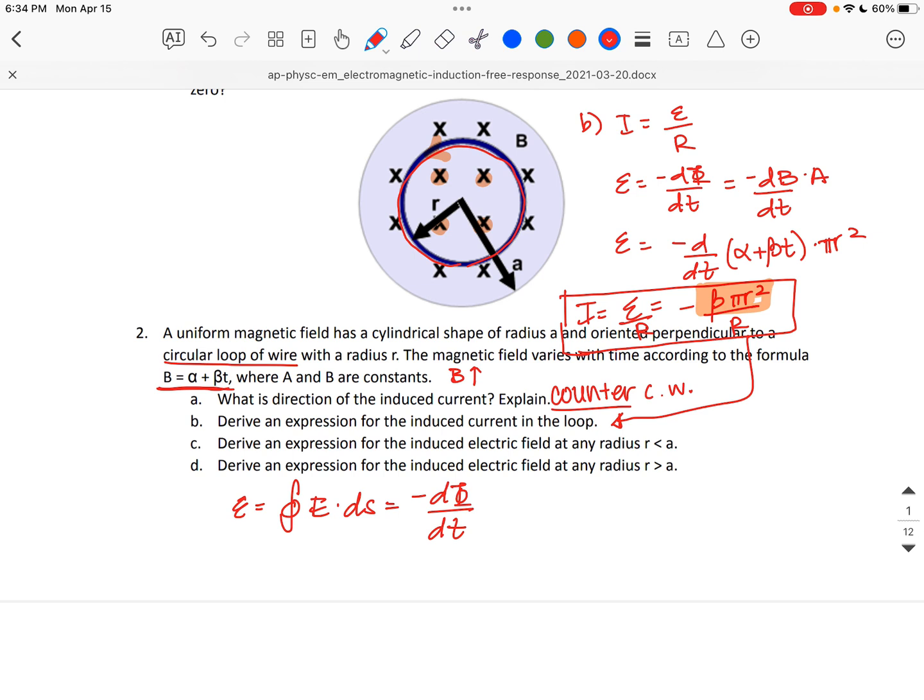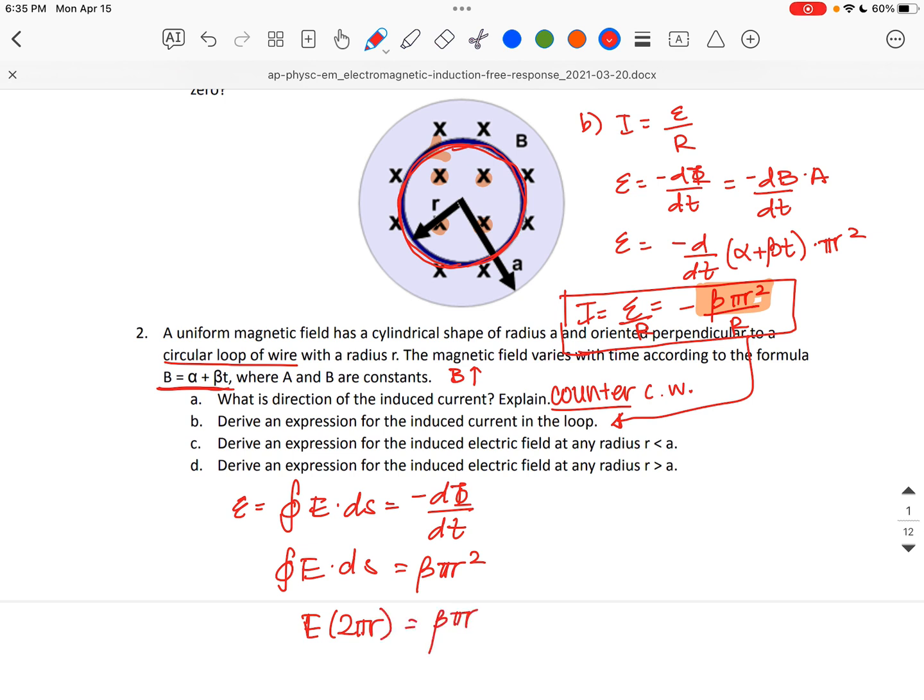And I'm just going to take the absolute value of it. I've got the enclosed integral of E dot ds, and EMF is going to be equal to beta pi r squared. ds is going to be the circumference of this loop. It's the enclosed surface, so the length of that enclosed surface is going to be 2 pi r.